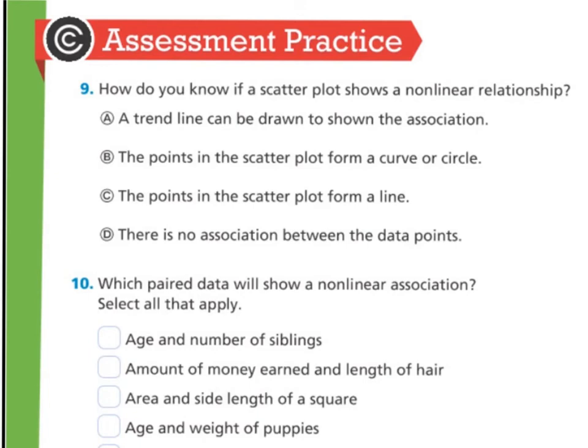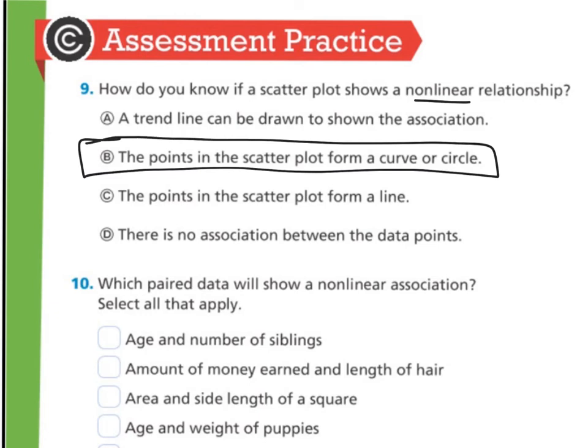Number 9 asks, how do you know if a scatter plot shows a nonlinear relationship? So if we can draw a trend line, that does not mean it's nonlinear. The points form a curve or circle. If they form a curve or circle, that would be nonlinear. If they form a line, obviously that's linear, not nonlinear. No association between the data points.